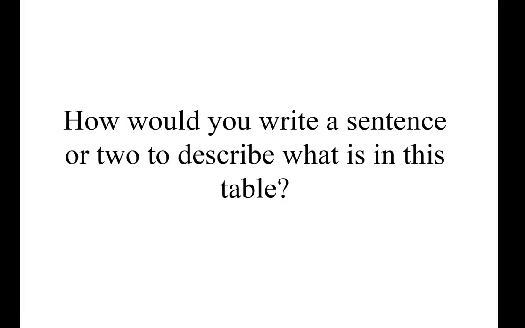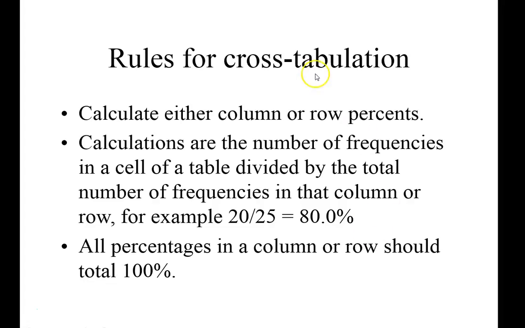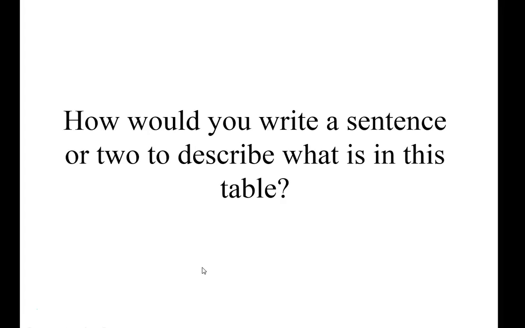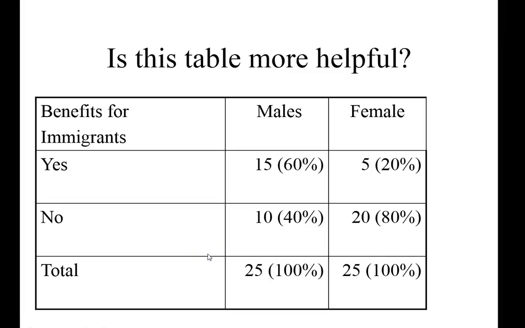How would you write a sentence or two to describe what is in this table? I just really went over that. Females are more likely than males to disagree with increasing benefits for immigrants.